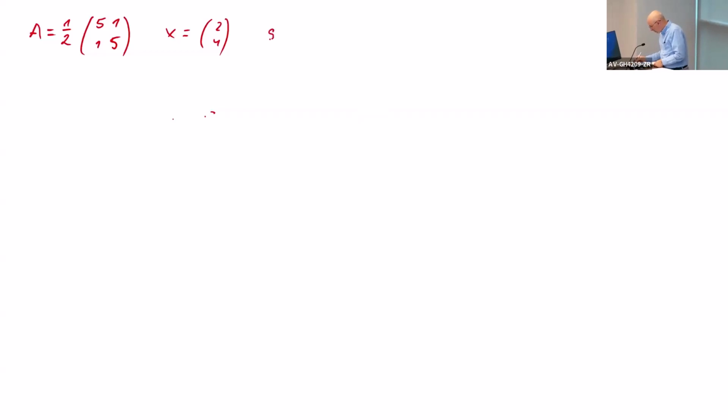The eigenvalues S1, S2 will be 2 and 3, and the eigenvectors will be V1, which is (minus 1 divided by square root of 2, 1 divided by square root of 2), and V2, which is (1 divided by square root of 2, 1 divided by square root of 2).